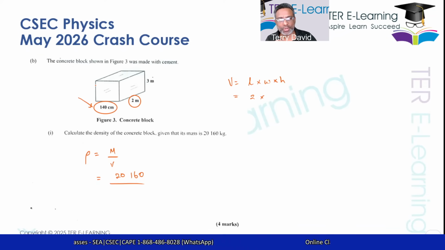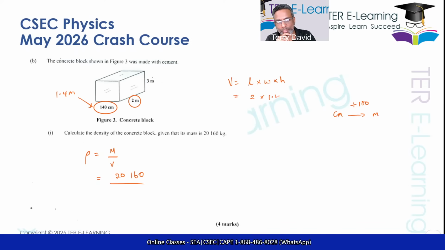So to convert from cm to meters, we divide by 100. If we divide by 100, you get 1.4 meters. That's the first mistake some students make, forgetting to convert this.